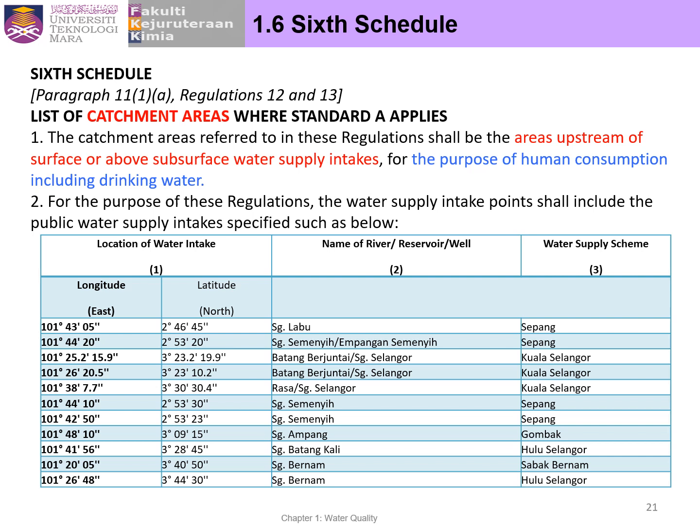Usually we take this river for human consumption, especially drinking water. I give you for example Sungai Semenyih. The name of the river is Sungai Semenyih, the water supply scheme is coded under Sepang, and the location of the water intake is shown in terms of longitude and latitude.